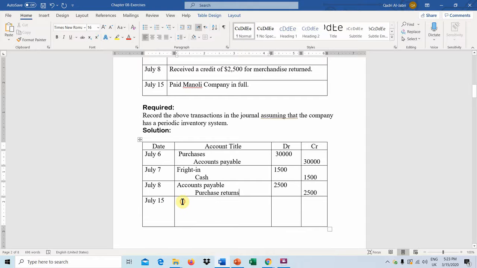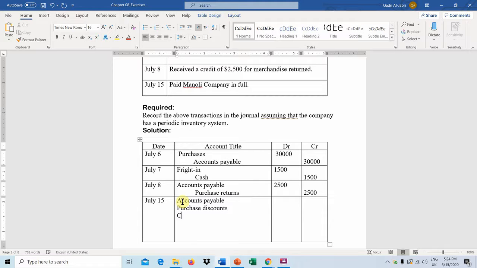Finally, for the payment, I will debit accounts payable, and I will credit purchase discounts and cash.